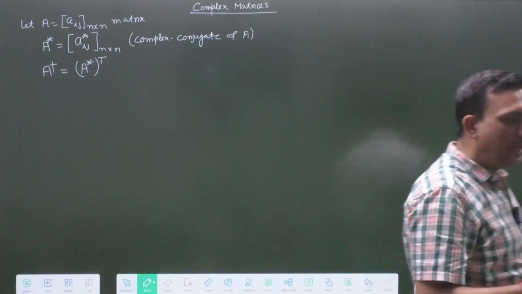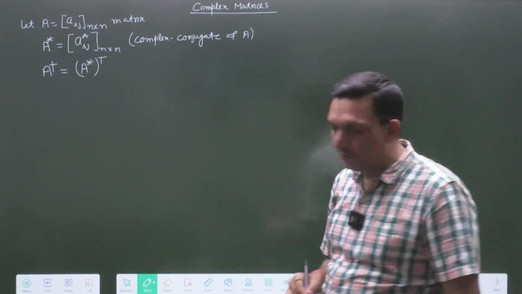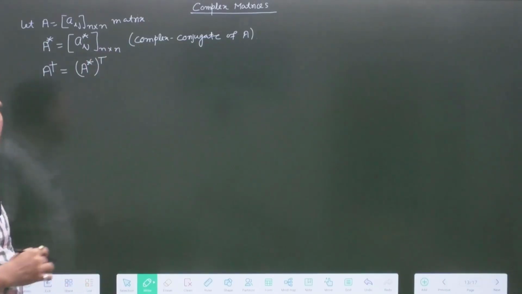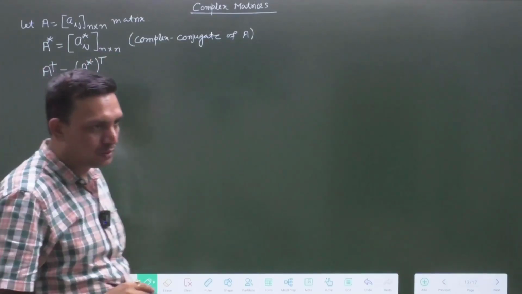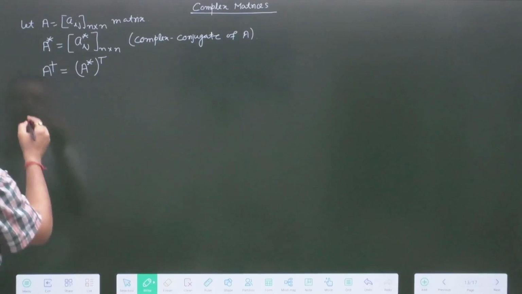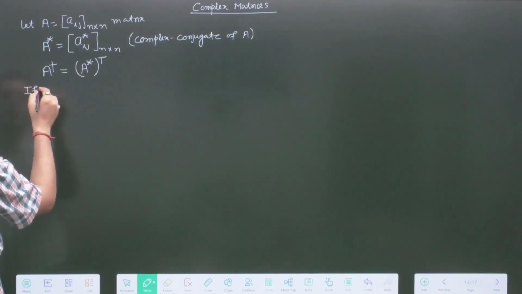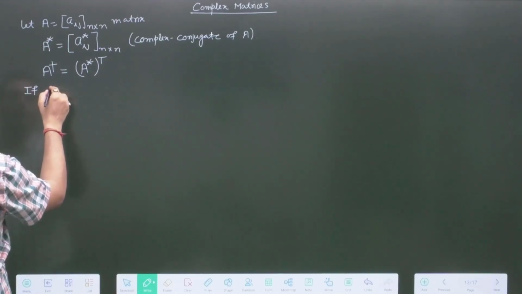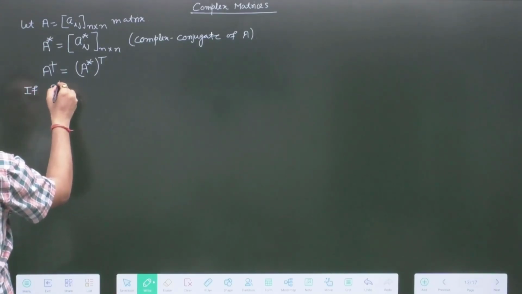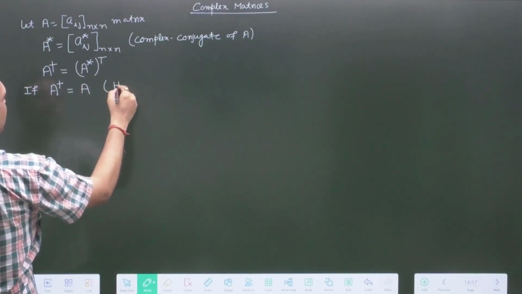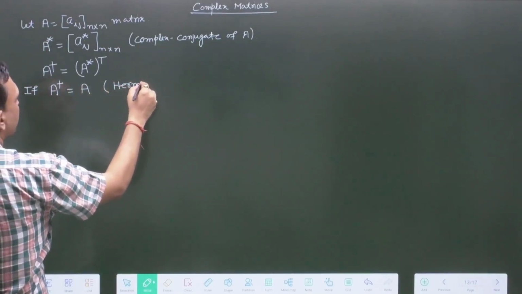How to find A dagger if a complex matrix is given? First find the complex conjugate and then take the transpose. That will give you A dagger. Now see, if A dagger is A, then it's a Hermitian matrix.